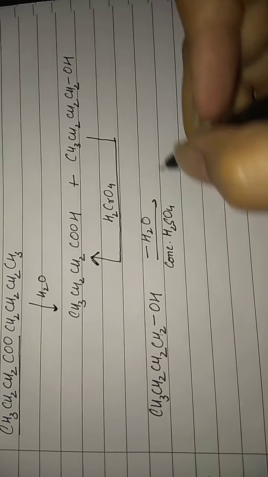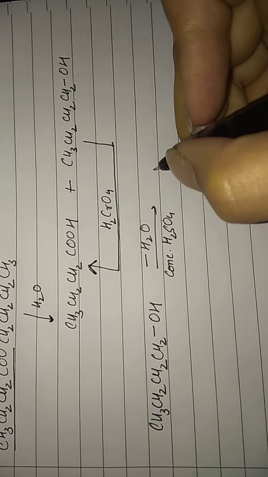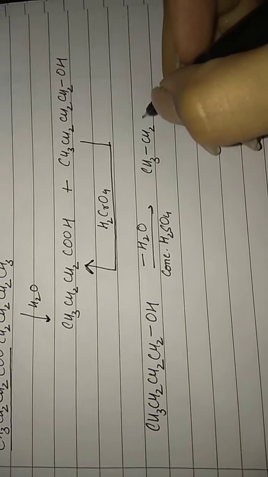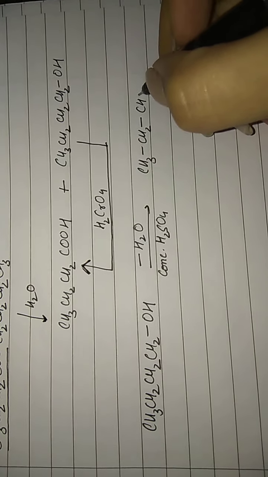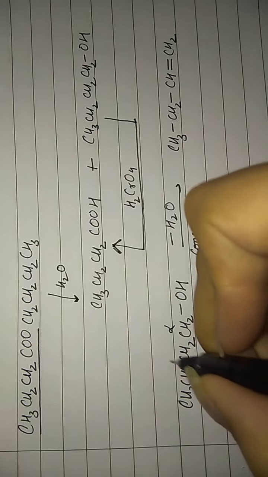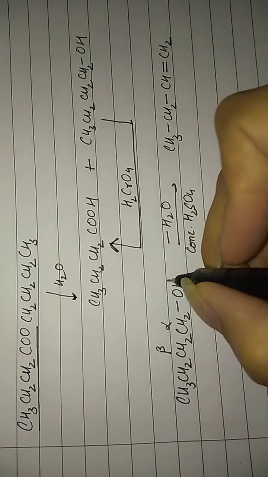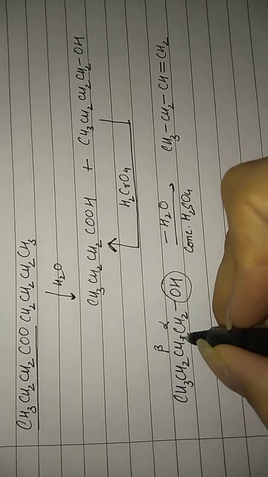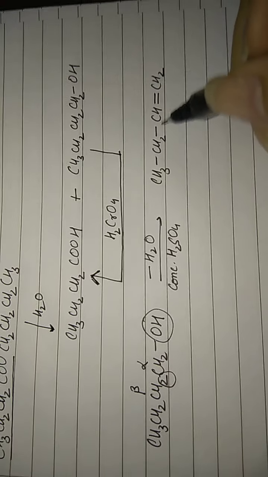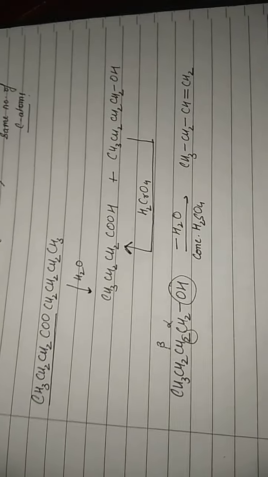On dehydration it forms but-1-ene. So how does the dehydration occur here? This is your alpha position and this is your beta position. You remove OH from the alpha and H from the beta, and hence you get a double bond between the alpha and the beta positions.